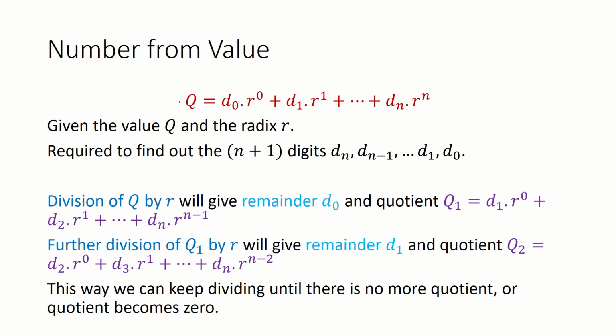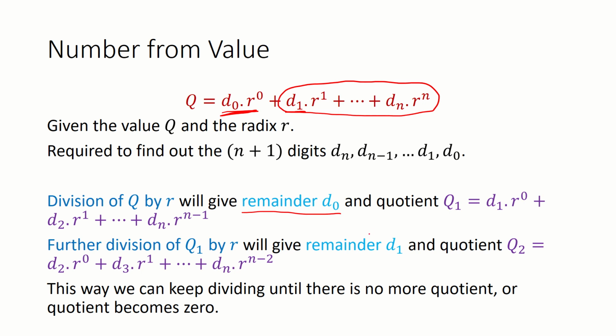If you divide this by r, this part has an r common, so it will get divided by r, and this part will be left out, because this does not have an r. So, the remainder will basically be d0.